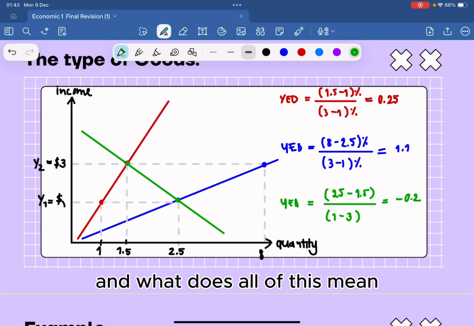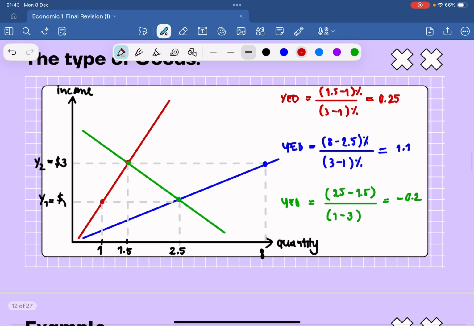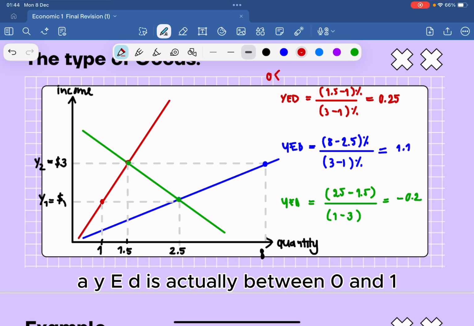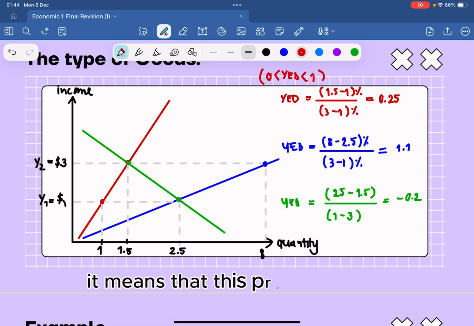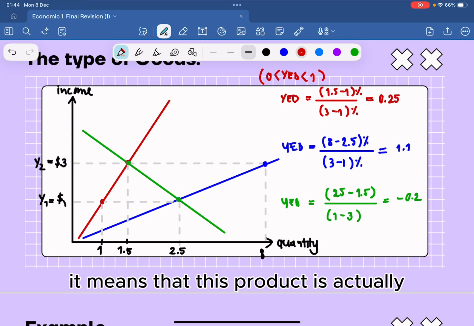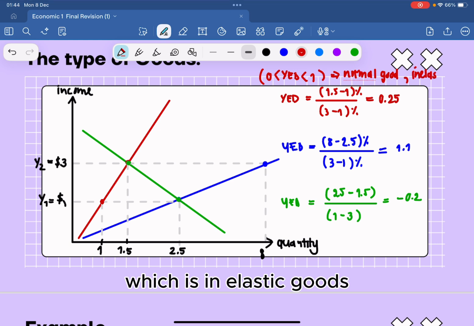And what does all of this mean? How does it help determine? Because they say that if our YED is actually between 0 and 1, okay, it means that this product is actually a normal good, which is inelastic goods.